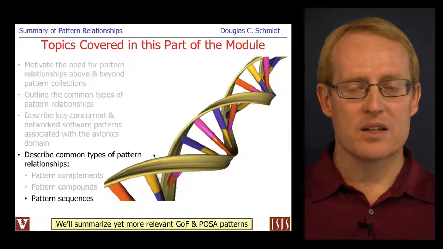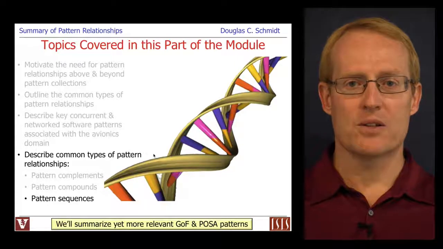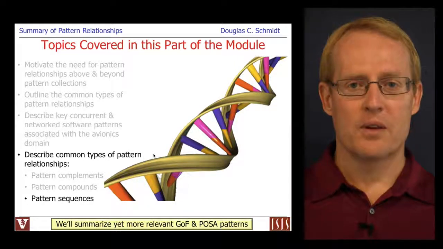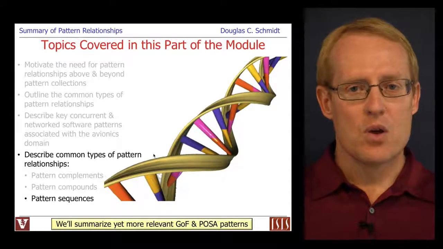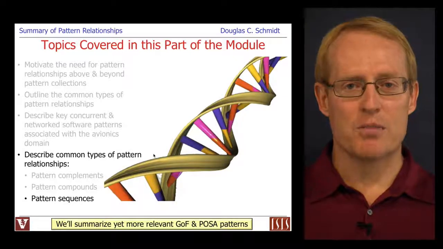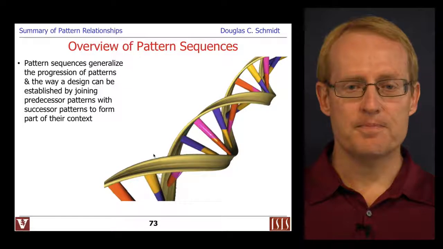Part 3 discussed the concepts of pattern complements and pattern compounds, which paved the way for the discussion in this part, pattern sequences. In addition to describing what pattern sequences are, we'll also have a chance to motivate yet more POSA and Gang of 4 patterns.